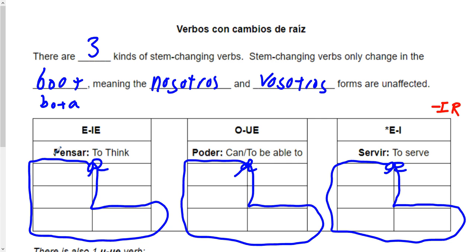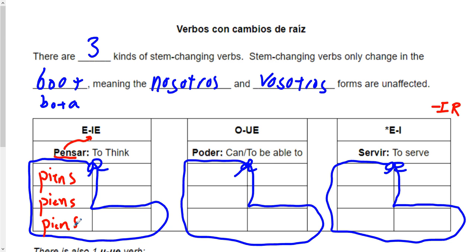Okay? So pensar, to think. The stem is pens, P-E-N-S. The E will change to I-E. So in our boot, we'll have piens, piens, piens.